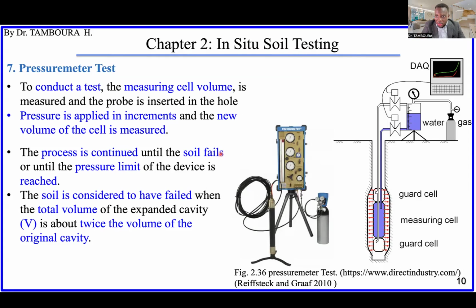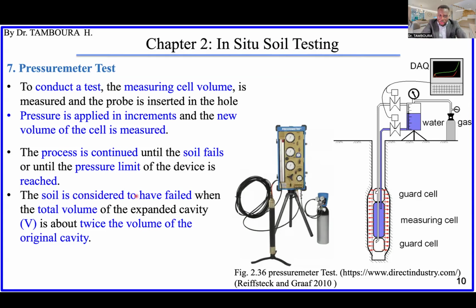Some soils are so hard that the available pressure is not enough to make them reach failure. So the pressure limit of the device can be reached before failure of certain soils. In that case, you just have to note at which volume this pressure limit is reached.